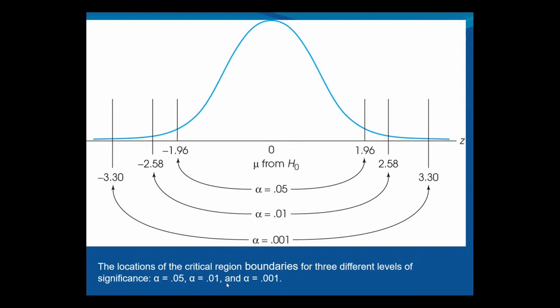Then if we state alpha level equal to 0.01, the rejection range varies from minus 2.5 to plus 2.5. And if we use alpha level equal to 0.001, the rejection region varies from minus 3.3 to plus 3.3.